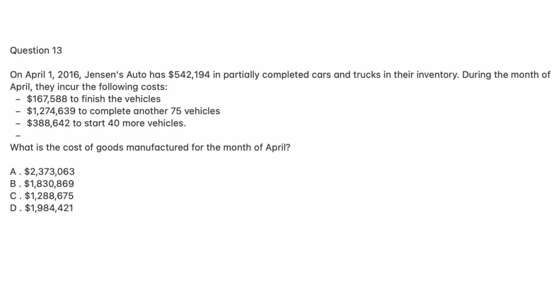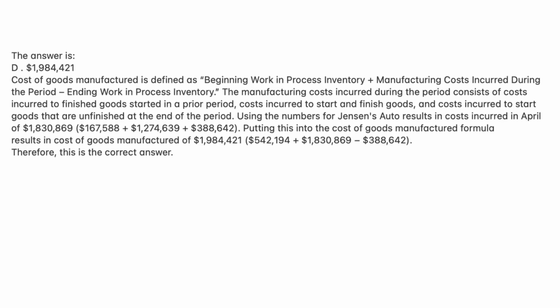What is the cost of goods manufactured for the month of April? A. $2,373,063. B. $1,830,869. C. $1,288,675.